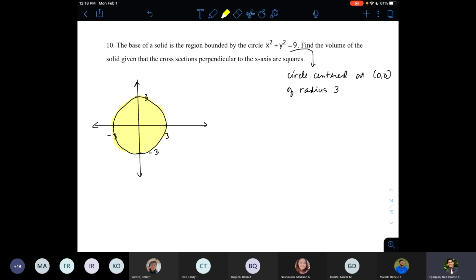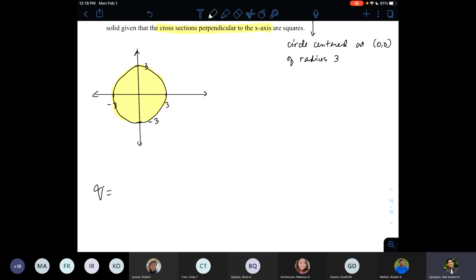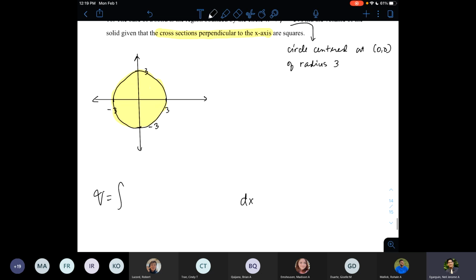And then what's next? We were told that the cross sections are perpendicular to the x-axis. So that tells me the volume will be an integral with respect to x. Now, knowing that I am integrating with respect to x, I need the bounds for x.